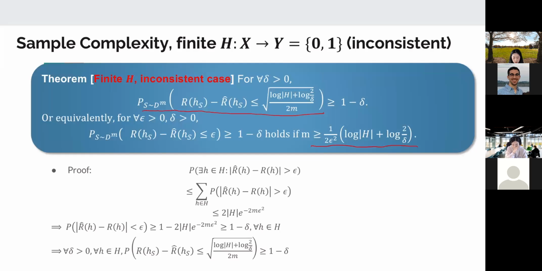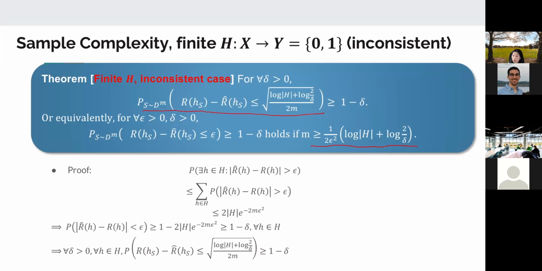Actually, the proof is very simple, so I can go through it very quickly. You want to characterize the probability that there exists an h such that the generalization gap is greater than epsilon. That's the event, because essentially you wanted to say that for every h, the generalization gap is smaller than epsilon.